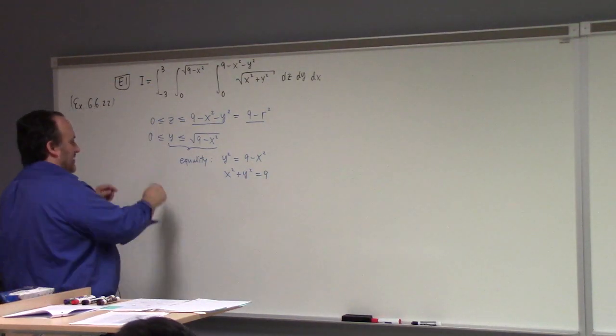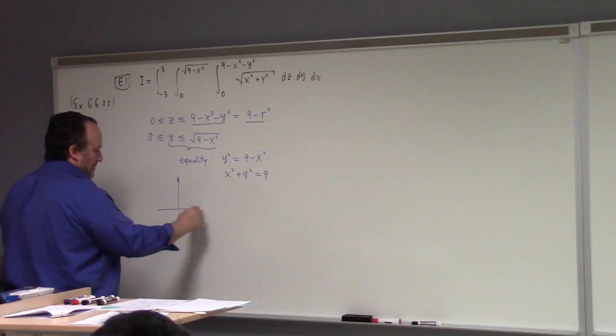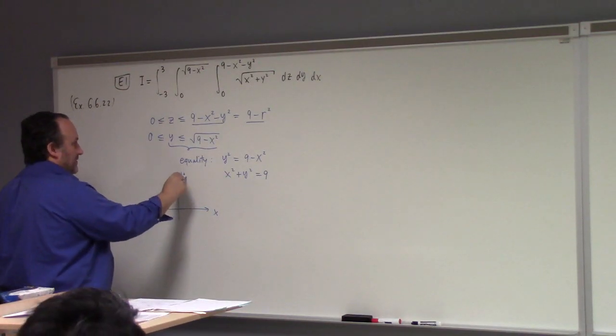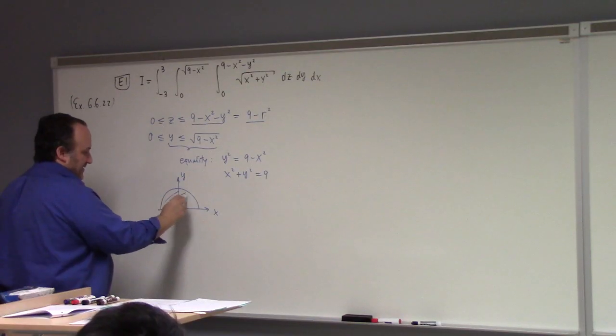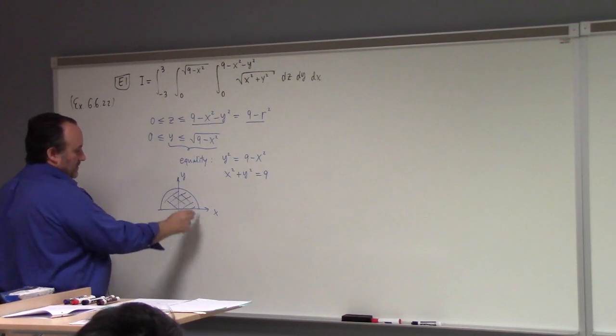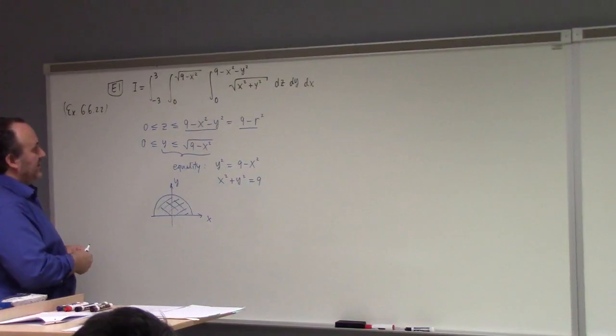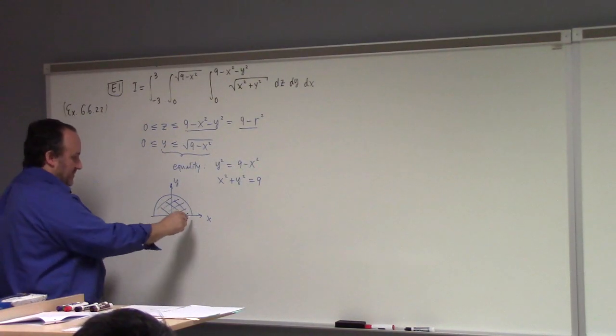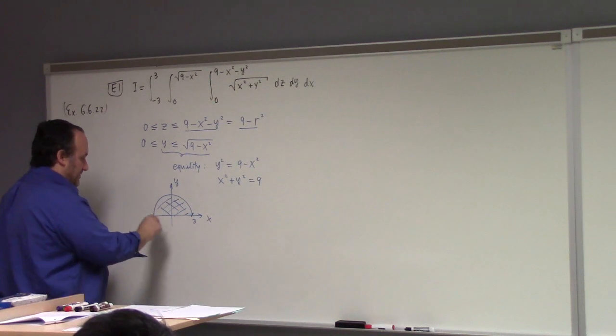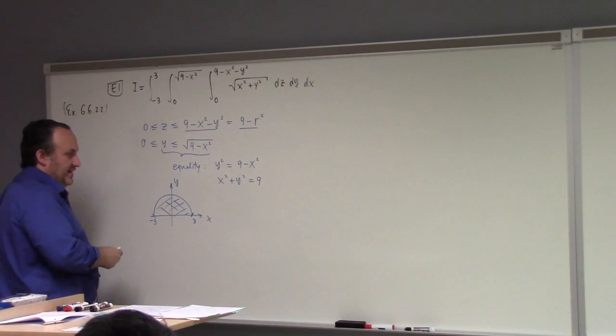So if I plot that in the x and the y, we've got 0 below y, and then this thing, so we're in this kind of region here, right? That's how I could understand that. And then of course the x bounds, we can already see that. That's kind of here, 3 and minus 3 for the x.